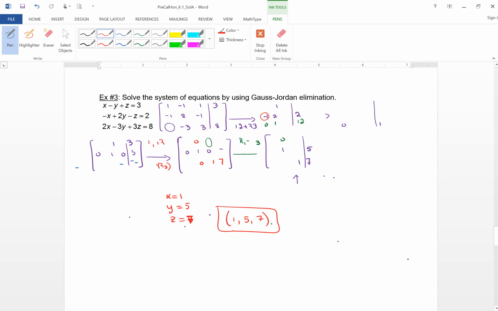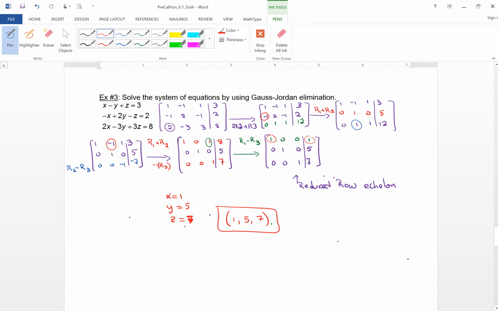Sometimes the planes can all be parallel, or you could have 2 that are parallel and one crosses the other 2. Not all 3 meet at the same place. Sometimes you can have, like the pages of a book, all 3 meeting on the same line. That's when you have infinitely many solutions.